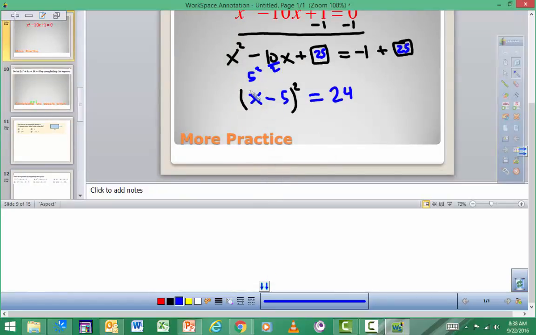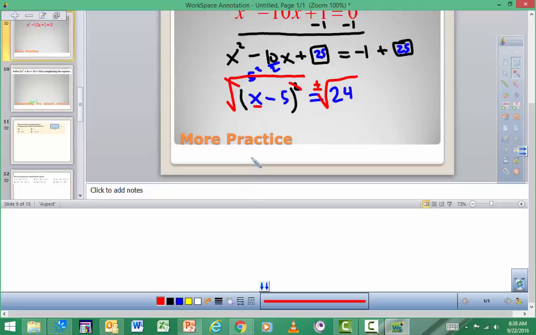So once you have the perfect square, we'll use the square root method. The idea is to take the square root now on both sides of the equal sign. So I want to take a square root here and a square root here. And because I'm solving for x, I get a plus or minus here. And remember, the square is the inverse operation of the square root, so these cancel.